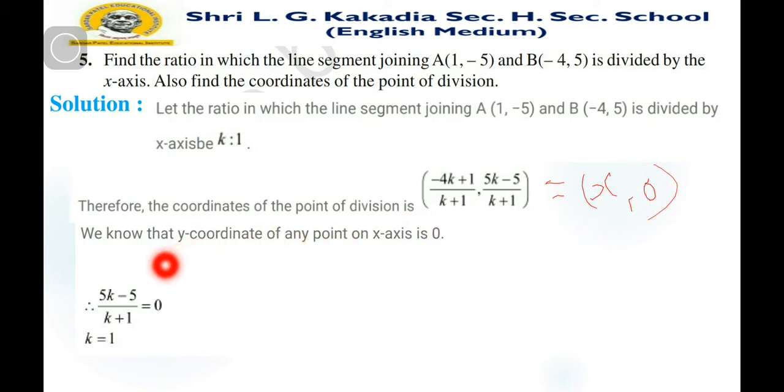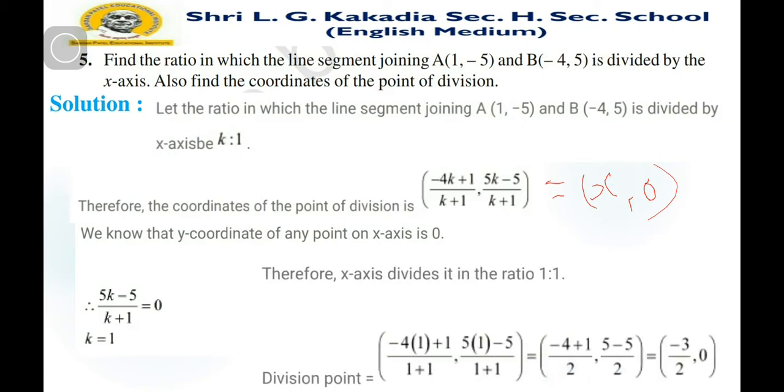So we can compare both the coordinates, x with this point and this with 0. So we can find (5k minus 5) upon k plus 1 is equal to 0. Then we find k is equal to 1. Means the ratio in which the point divides the line segment is 1 is to 1, means it is the midpoint of this line segment.